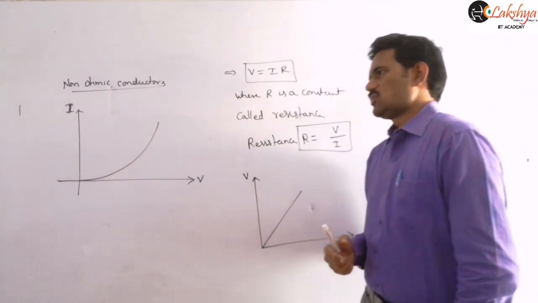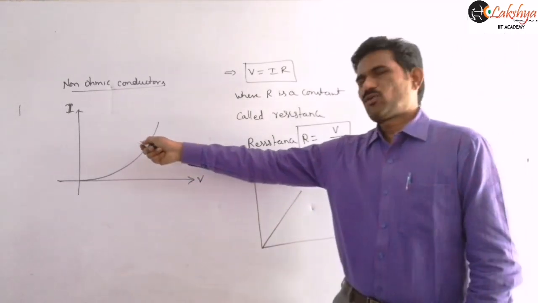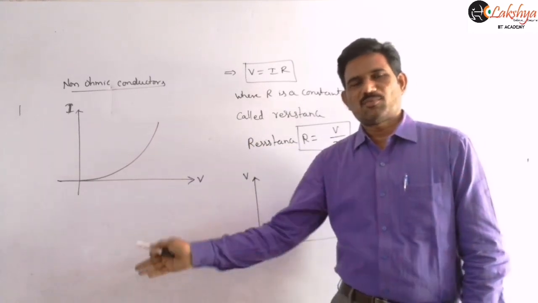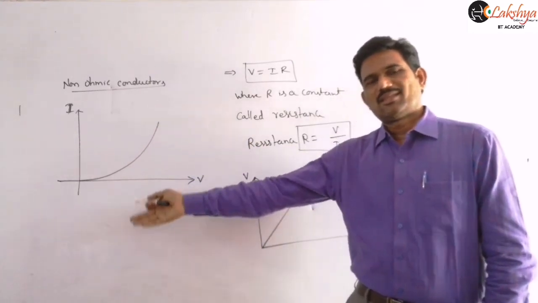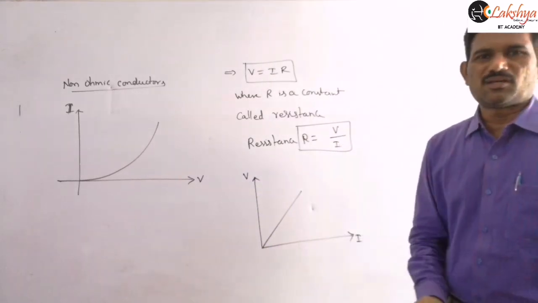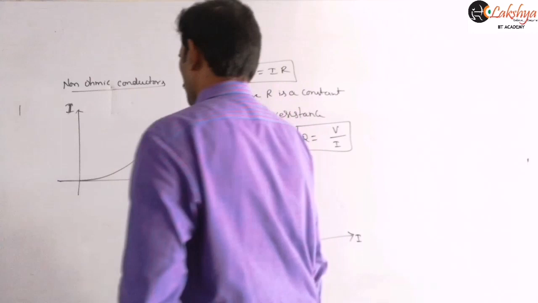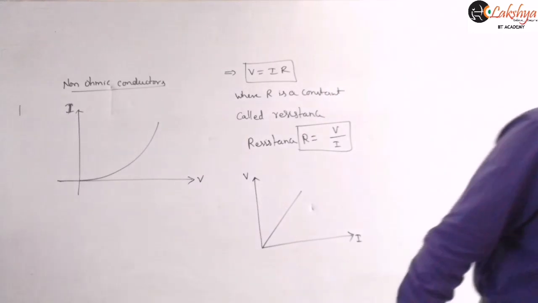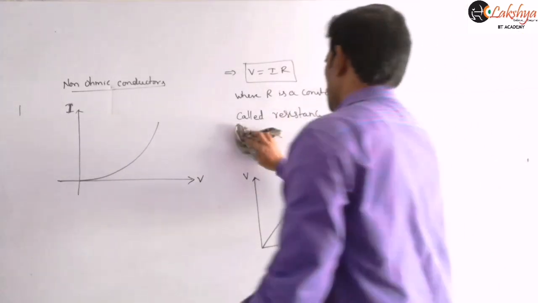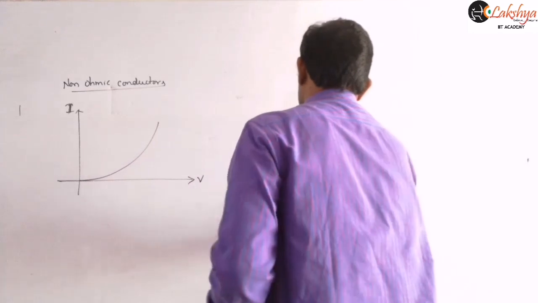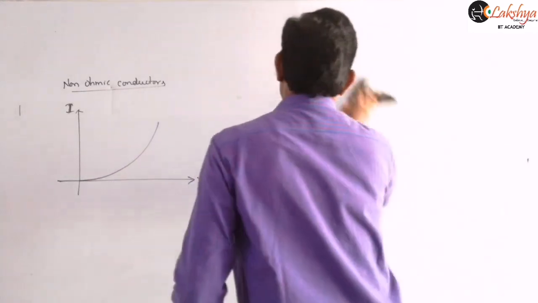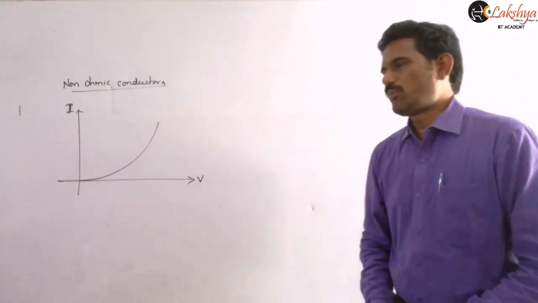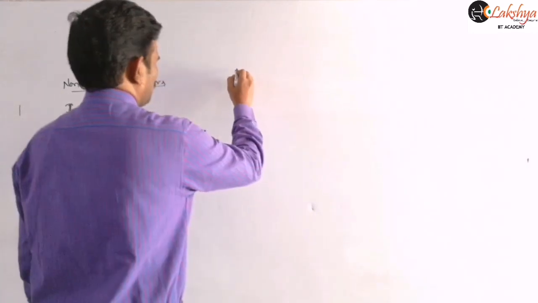For non-ohmic conductors the VI graph is never a straight line, which indicates they are not proportional, so they do not obey Ohm's law. Sometimes we need to calculate the resistance from this graph. So that is about ohmic and non-ohmic conductors. Ohm's law is not a universal law because it is not obeyed by all materials or devices.